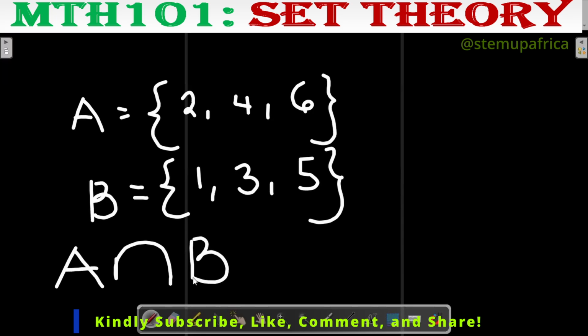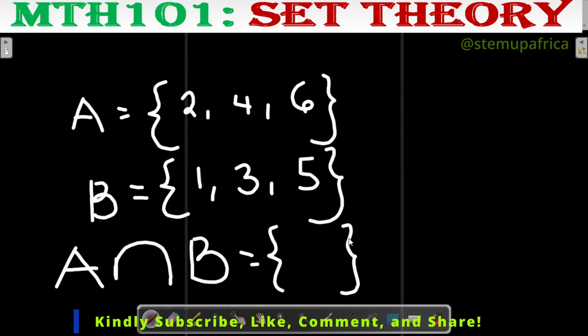Look at these two sets. What is common between them? Nothing is common, so there will be no element inside. If a set does not have any element, what is that set called?